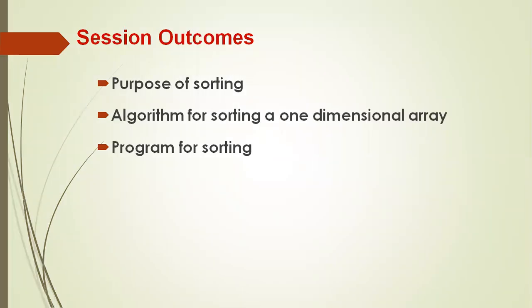At the end of today's class, you will understand what sorting means, what the purpose of sorting is, what the different techniques available for sorting a one-dimensional array are, and how a one-dimensional array can be sorted using the basic bubble sort technique.